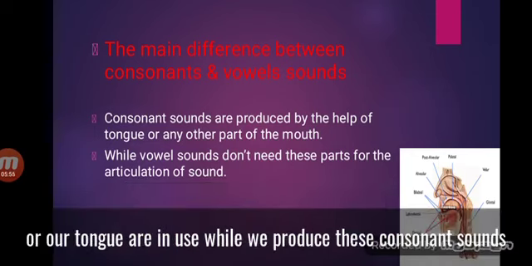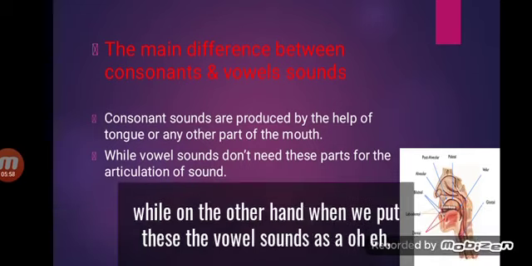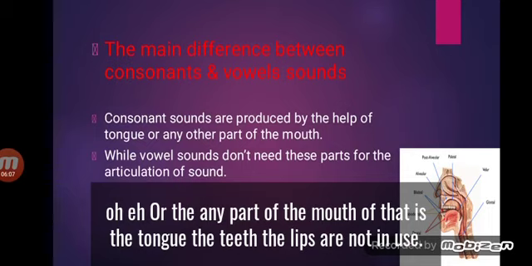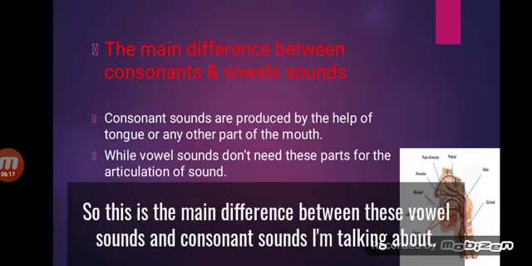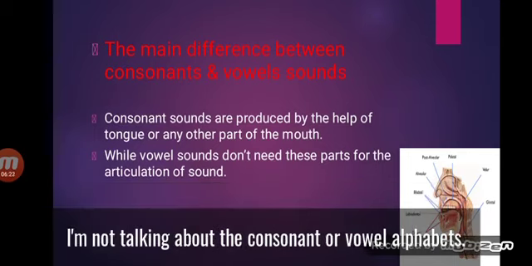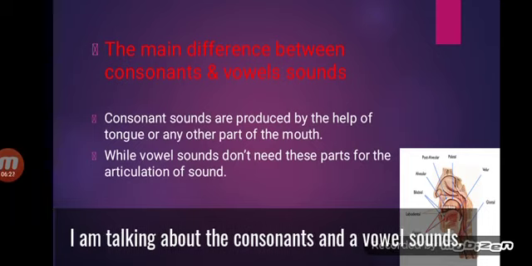On the other hand, when we produce vowel sounds, none of the parts of the mouth, that is the tongue, the teeth, or the lips, are in use. So this is the main difference between vowel sounds and consonant sounds. I'm not talking about consonant or vowel alphabets. I'm talking about consonant and vowel sounds.